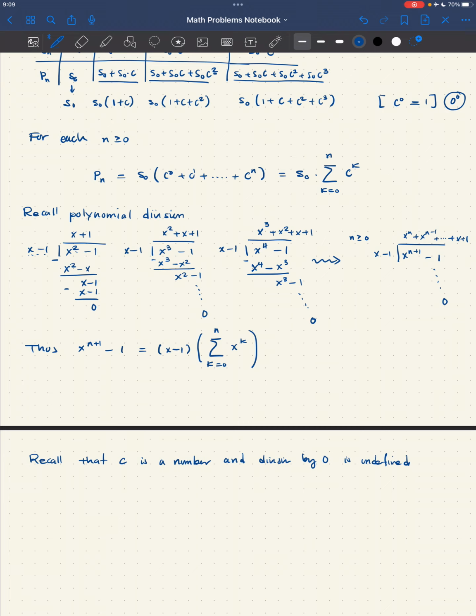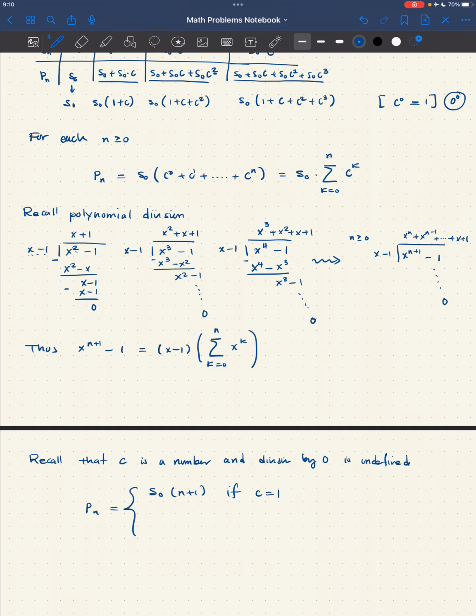One, when c is 1, meaning when this expression will turn out to be 0, so I cannot perform the division. But if c is 1, then this overall becomes 1 plus 1 plus 1 plus 1 plus 1 plus 1. How many times? n plus 1 times. So the overall expression becomes n plus 1 if c is equal to 1.